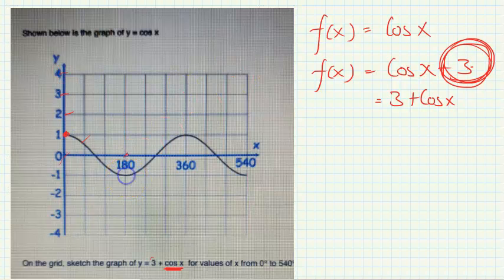Now this is 1, 2, 3. This is 1, 2, 3. And this is 1, 2, and 3.